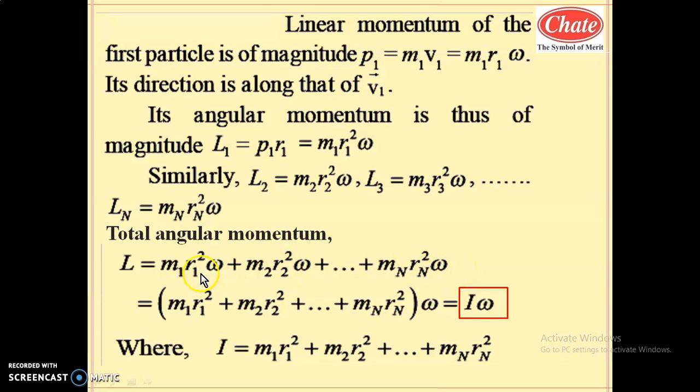If omega is taken common, inside the bracket m1 r1 square plus m2 r2 square plus so on mn rn square, this bracket term is I, that is the moment of inertia. It is the algebraic sum of the mass of each particle and the square of the perpendicular distance from that particle to the axis of rotation. Hence the L equation is I into omega.